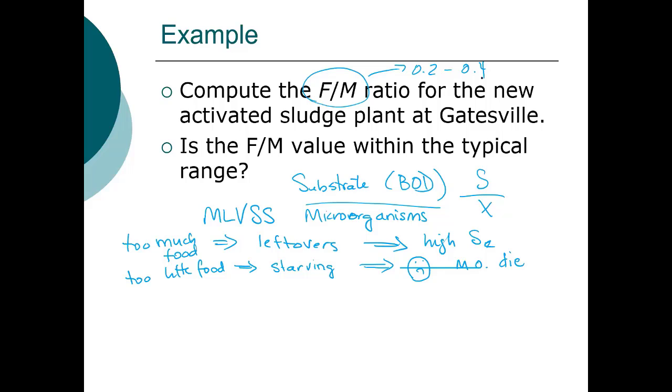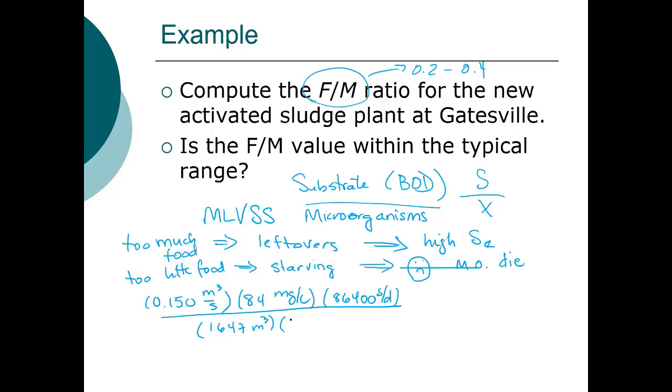The ratio is determined as our flow rate entering times the soluble BOD concentration divided by the volume of the reactor times my mixed liquor suspended solids concentration. And that is equal to 0.31. So that is right within the range.